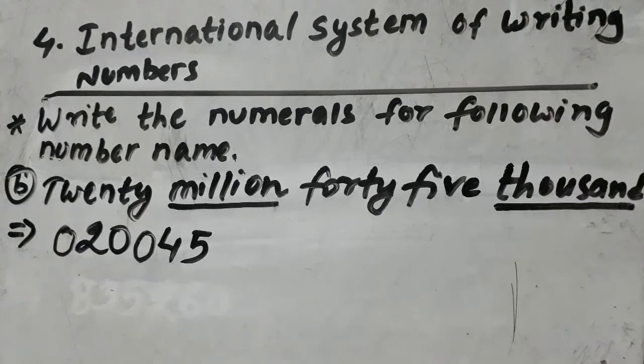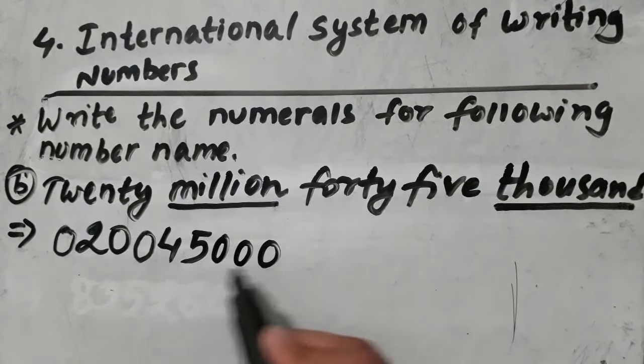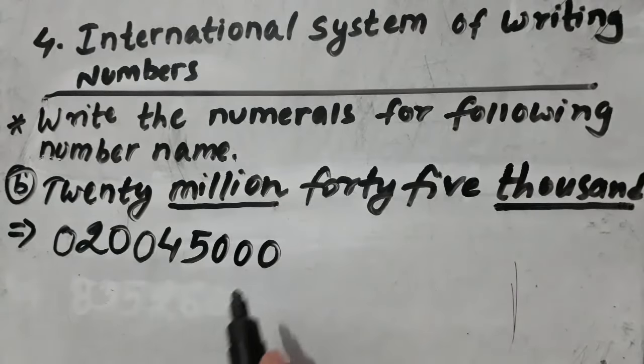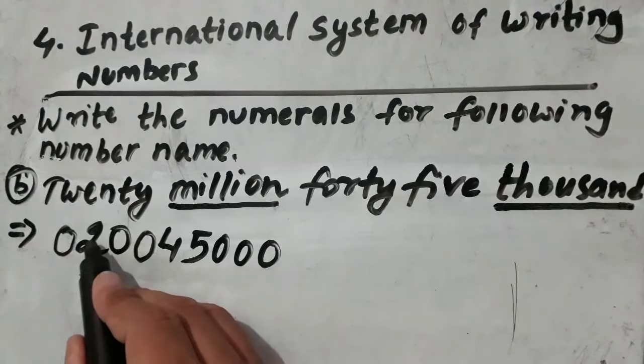As I have already told you, we should anyhow make 3 places. So in the period of ones there are 3 places, that is ones, tens and 100. So in the places of ones, tens and 100 we will keep zeros. This is for ones, this is for tens, this is for 100. Ones, tens, 100, 1000, 10,000, 100,000, million, 10 million, 100 million.